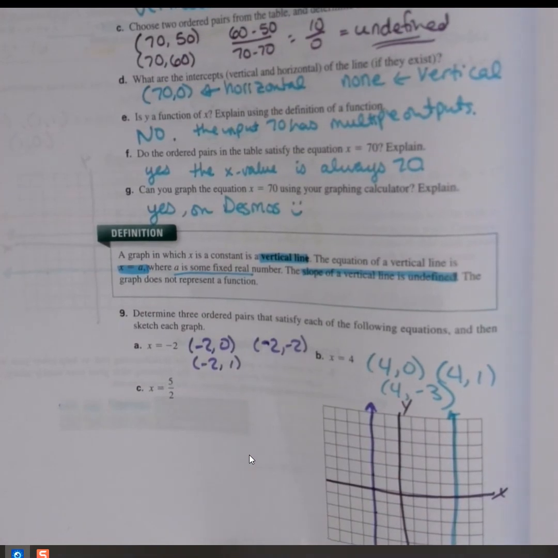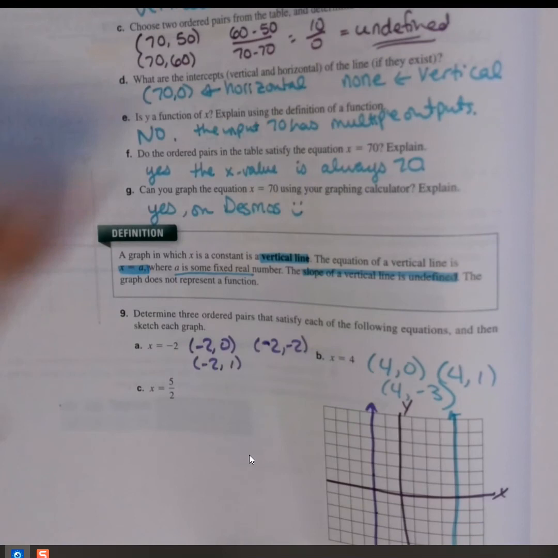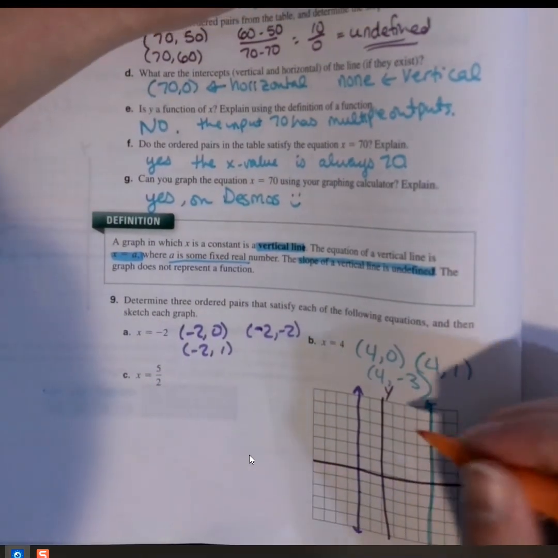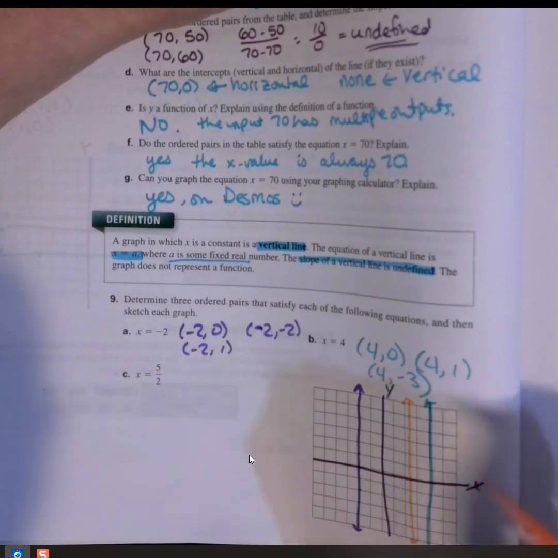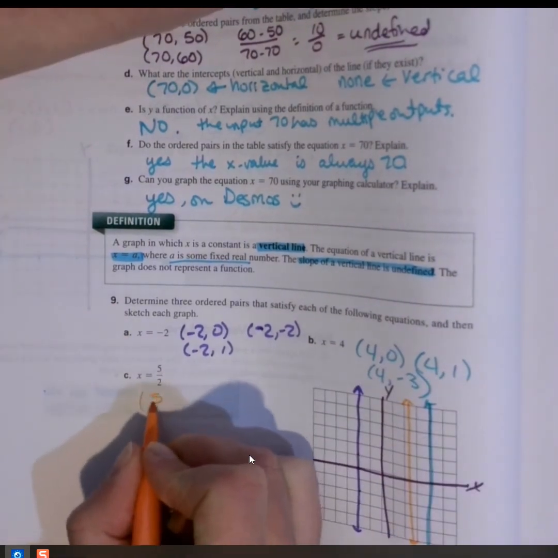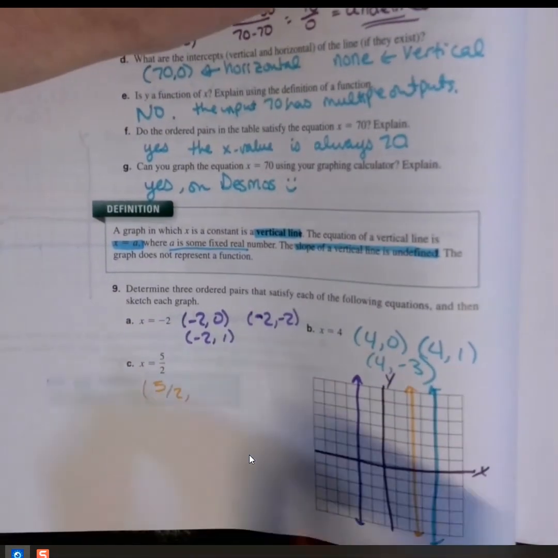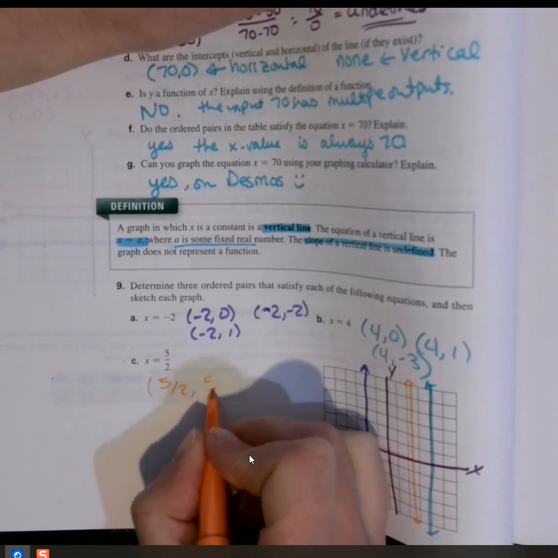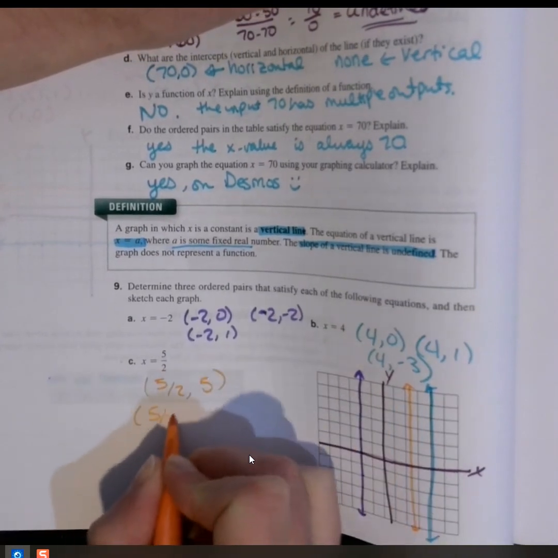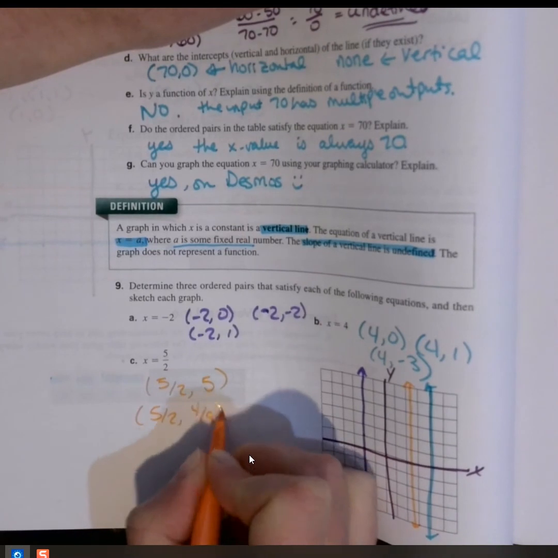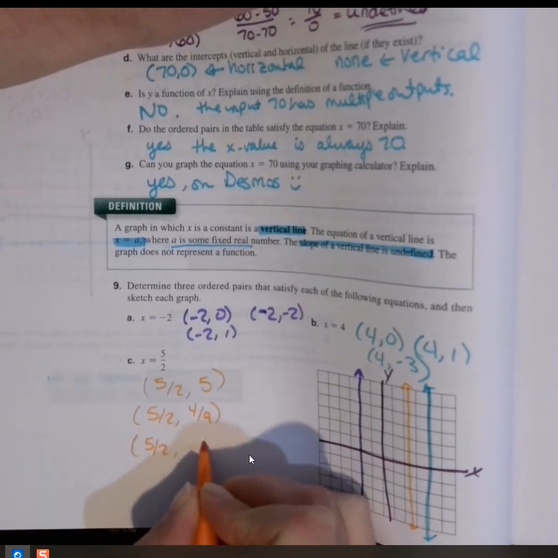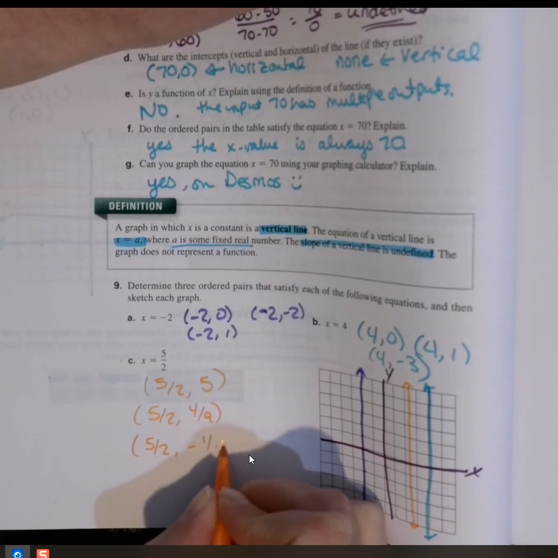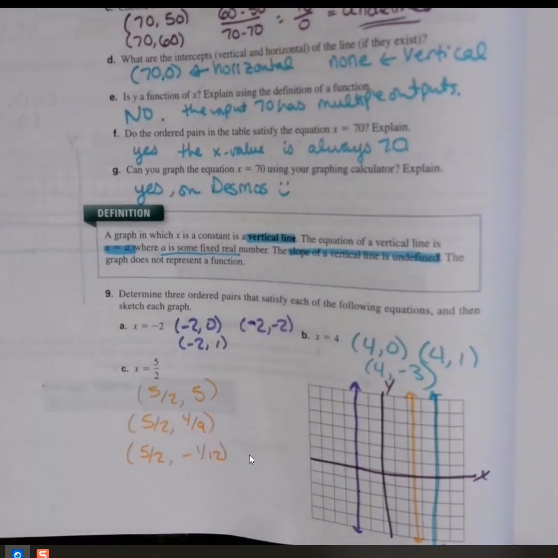And lastly, 5 halves, which is our 2.5, and that would be right here. We have (5/2, 5) and (5/2, 4/9). I'm picking random stuff, I just grabbed a couple of fractions for fun. (5/2, -1/12). All points on this line.